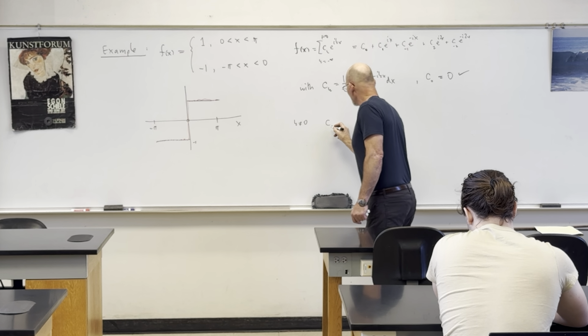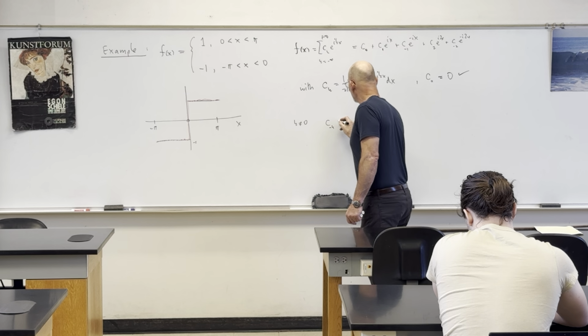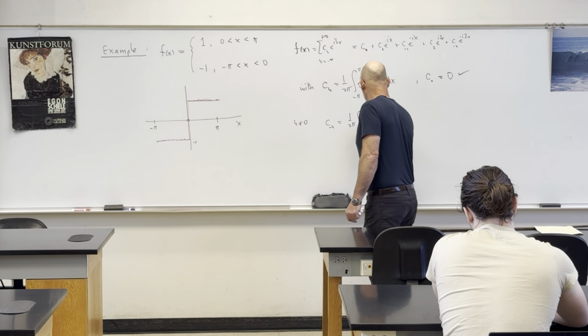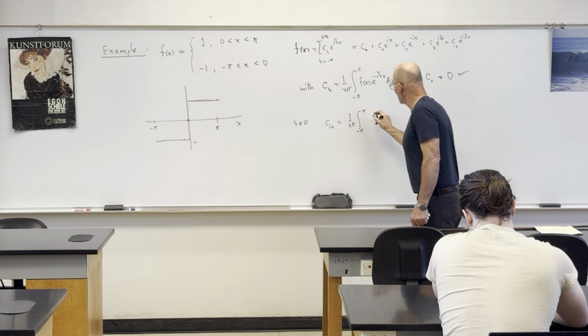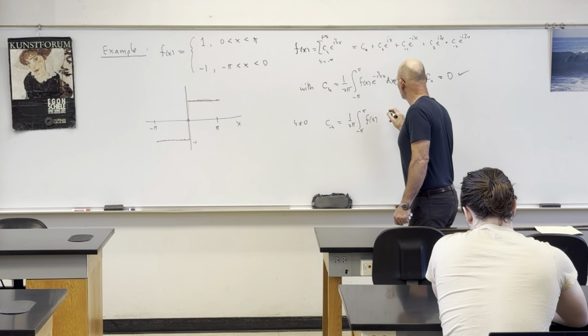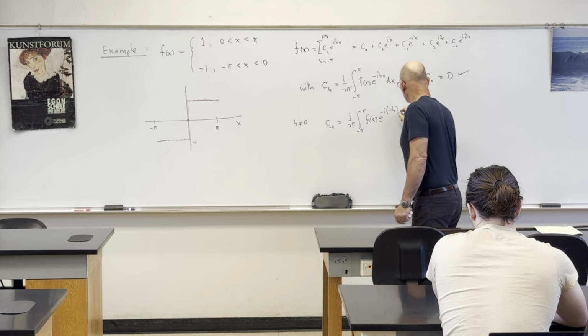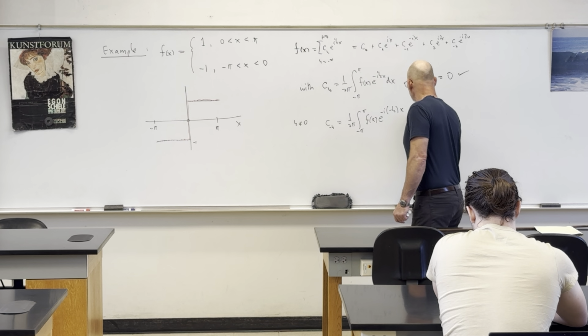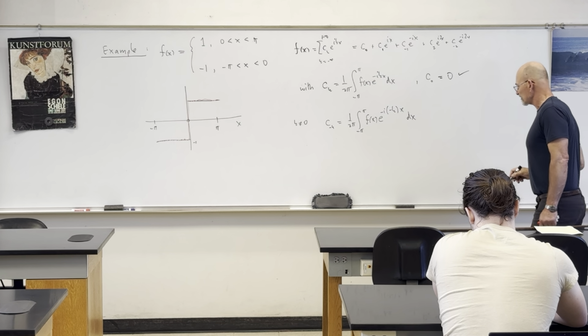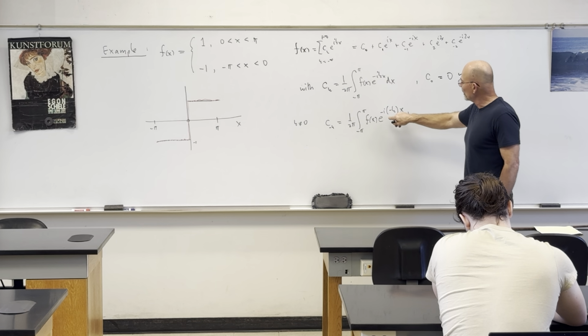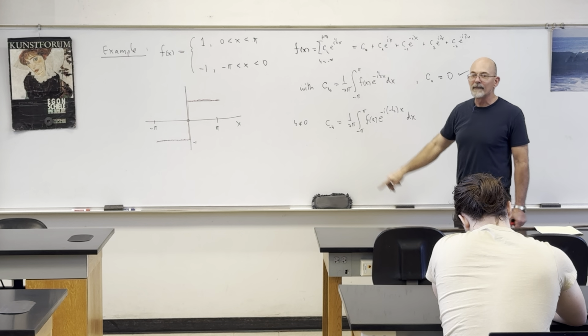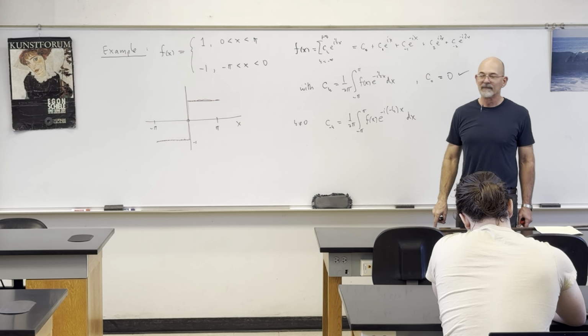But now c sub k in general, so k not equal to 0. Here's another interesting thing. C sub negative k equals 1 over 2 pi, and this is still the general definition, integral of f of x e to the minus i negative k x dx. You'll notice this is equivalent to just replacing the i with a minus i, right?